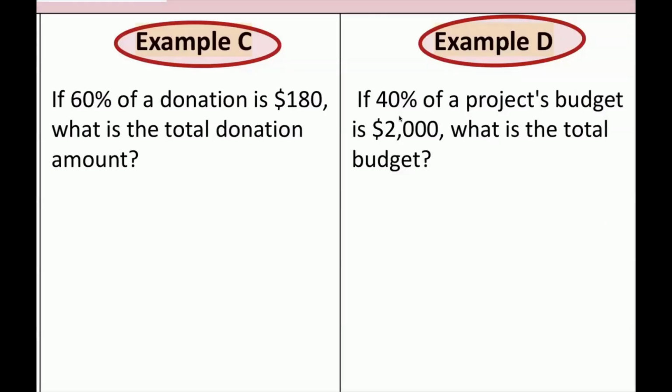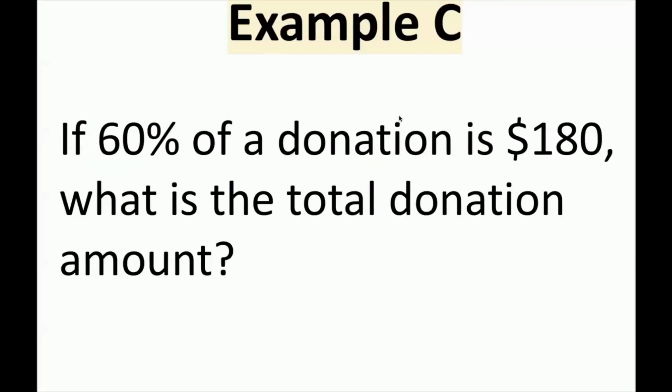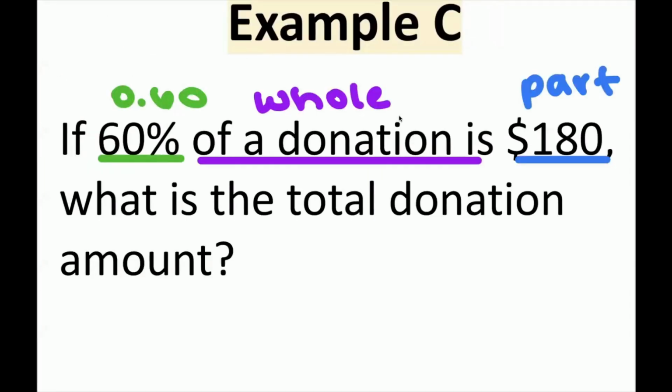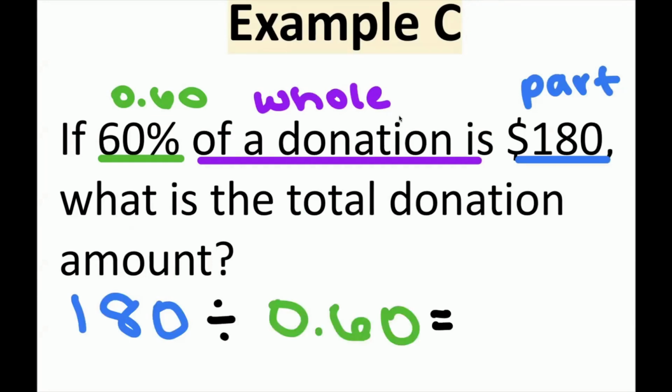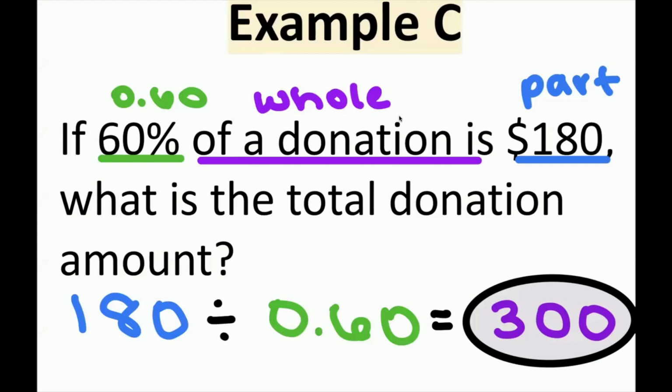Complete examples C and D, then come back to the video to check your work. Check your work for example C. This video won't go over example D, but go ahead and check in with your teacher once you finish example D to get additional feedback.